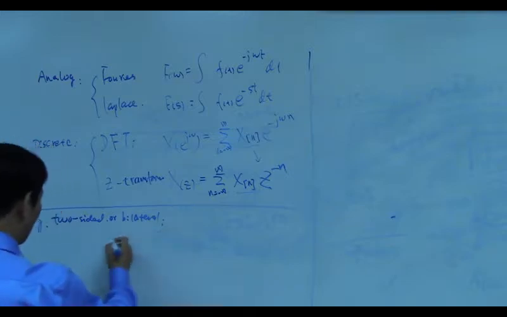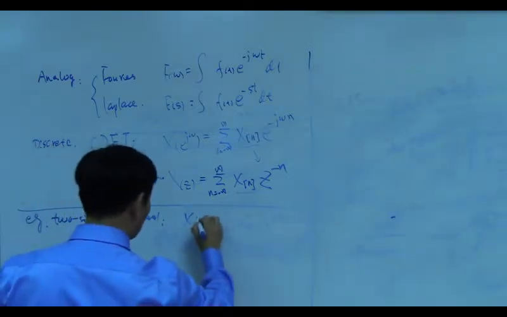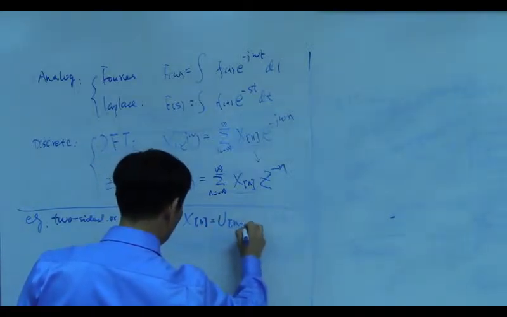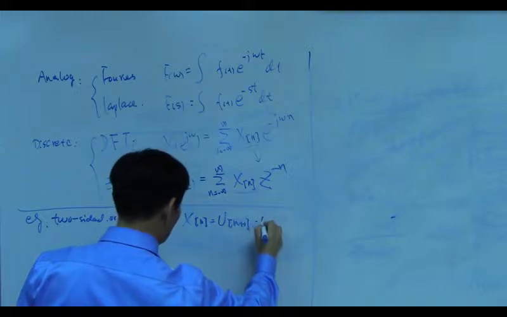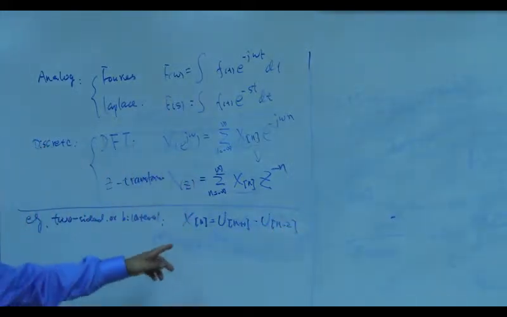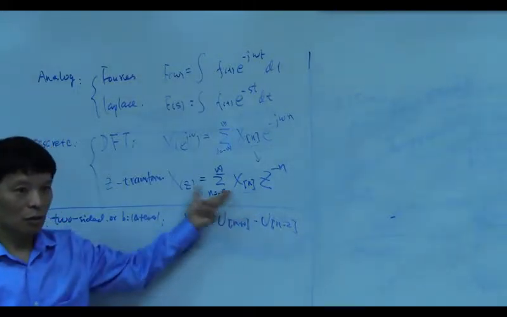Okay, let's look at this. x[n] equals u[n+1] minus u[n-2]. I'll give you this signal. What is the Z transform? The definition is here. x[n] is given, so you just calculate this.